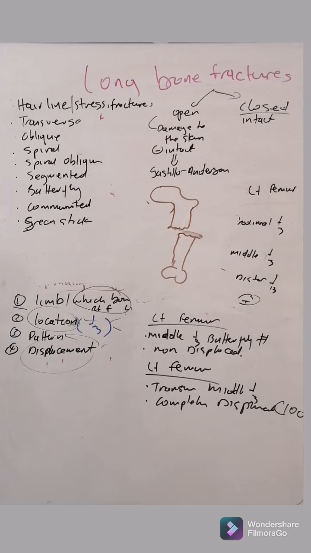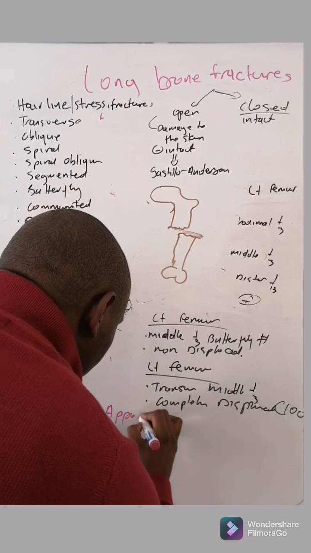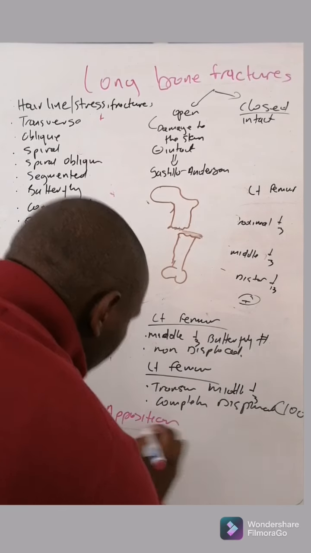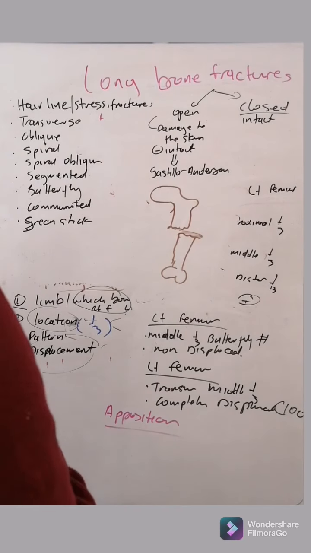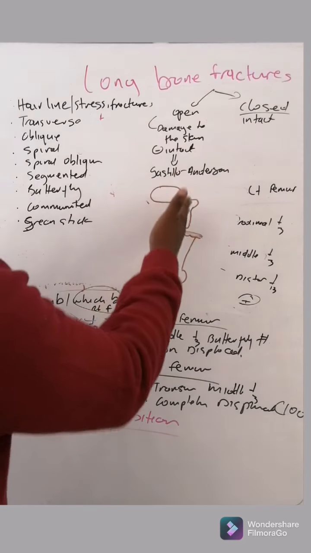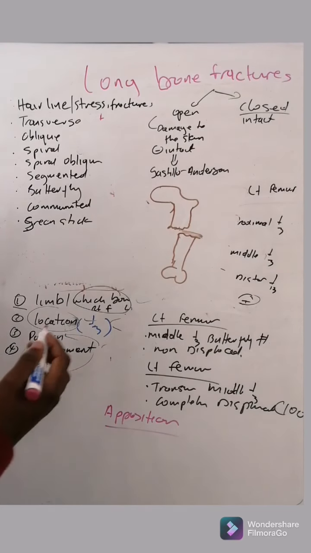So this is where you talk about bony apposition now, because it's not completely displaced. It's displaced, but you need to comment about the apposition. Apposition is how well or how poorly aligned these bones are, and you just use a rough estimation. It doesn't have to be 100%.